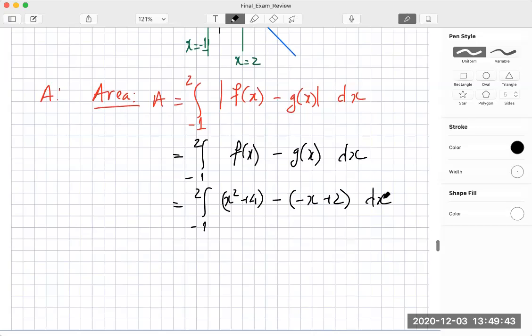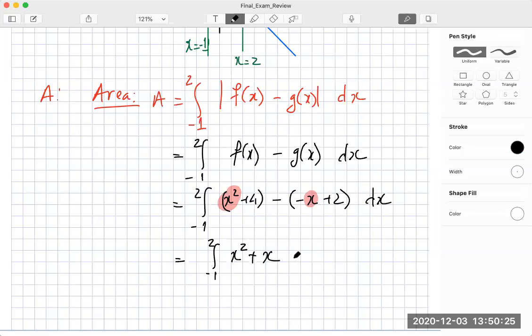It becomes a very simple integral. So how can you solve it? What do we have here in the integral? x squared, and the first order term is plus x.